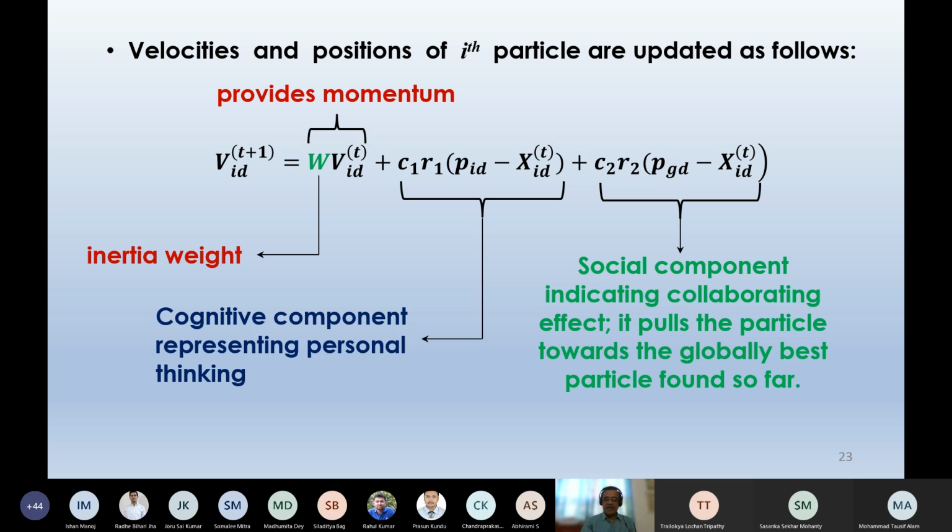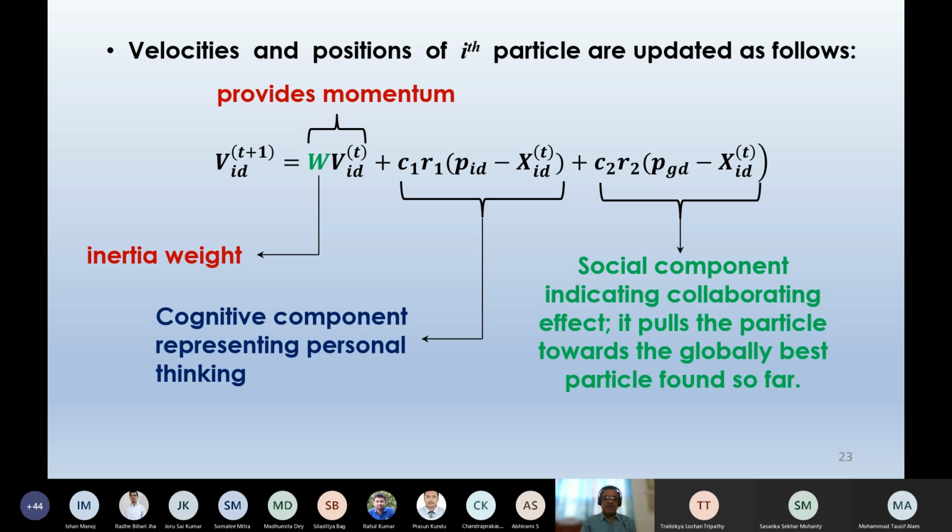R1 is a random number lying between 0 and 1. In Pid minus Xid, what is Pid? It is the personal best. At the end of each year, I try to find out my best performance. I compare it with the previous year and I upgrade it. That is my personal best.